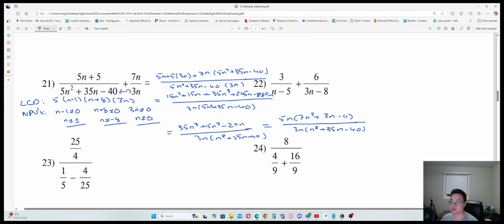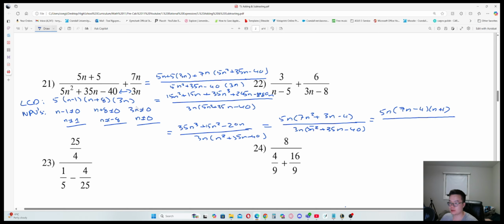Oh, yes, we can. So let's continue factoring here. I will have 5n over the factoring of 5n here: minus 4 and n plus 1. This gives the same as 3n: 7n minus 4n gives me 3n.